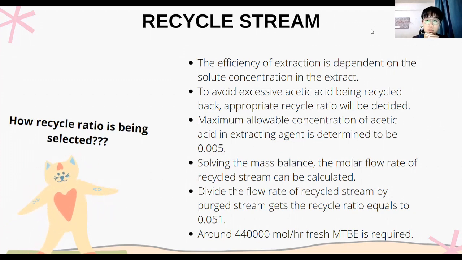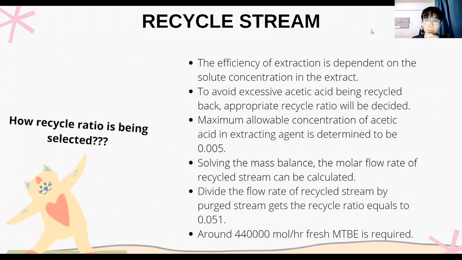Otherwise, this would reduce the separation efficiency in the extraction column. It is assumed that the composition of acetic acid in the extract must be less than or equal to 0.005 mole fraction of acetic acid to guarantee the performance of the extraction column.